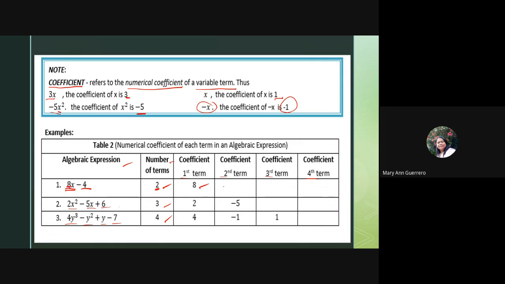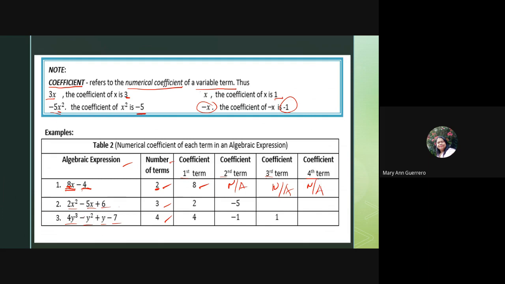Second term, coefficient, so it is, okay, since it is not a variable term, which is a constant term, so this is a constant term or not a variable term. So, not applicable. Wala siyang coefficient. Okay? So, ito naman ay not applicable din. Kasi wala naman siyang mag-stop ka lang sa second term kasi two terms lang yan.